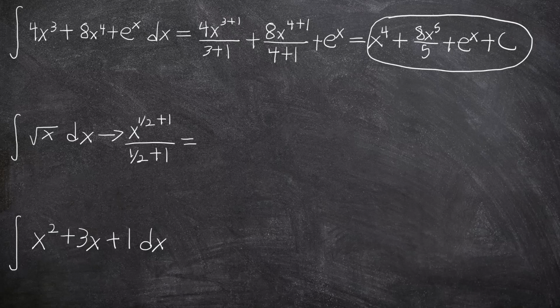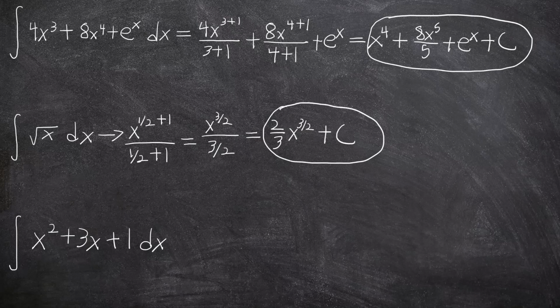This would get us x to the 3/2 over 3/2. And we could rewrite this in a cleaner form as 2/3 x to the 3/2 plus c. And this will be our final answer for the second one.